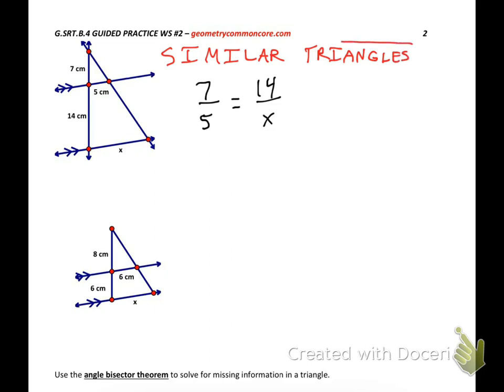And we're going to see how we solve that. So if we went and did this math, we're going to get 14, so 7 over 5. Our x value here, if we solve this proportion, we're going to get 10.